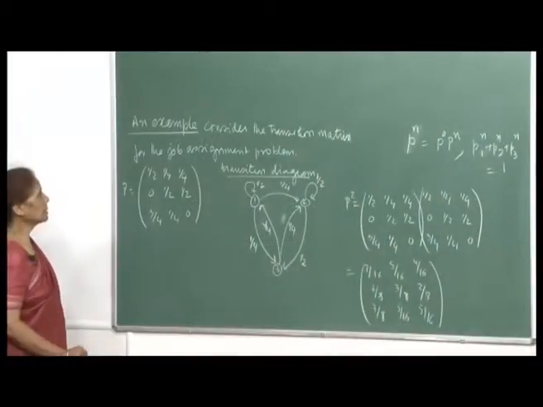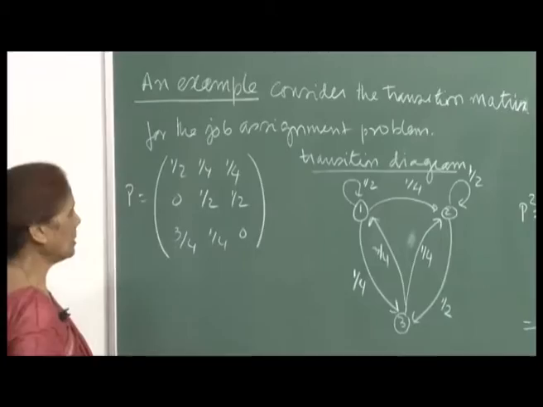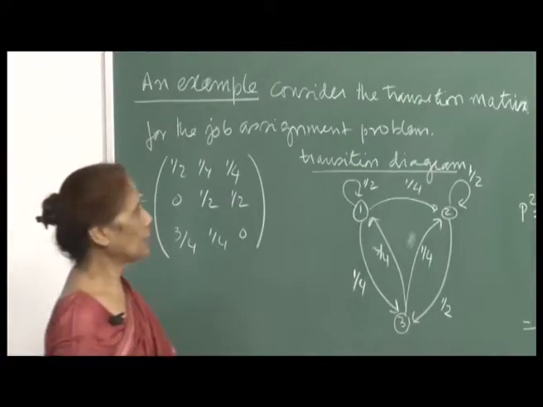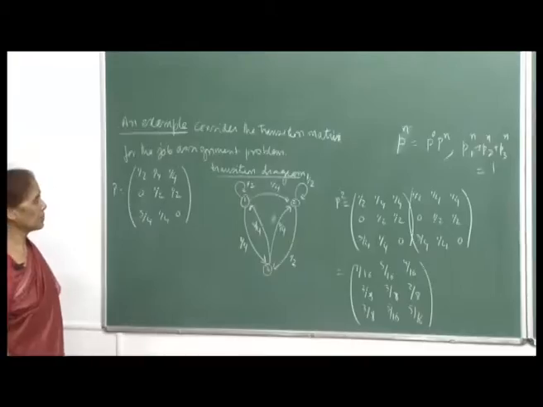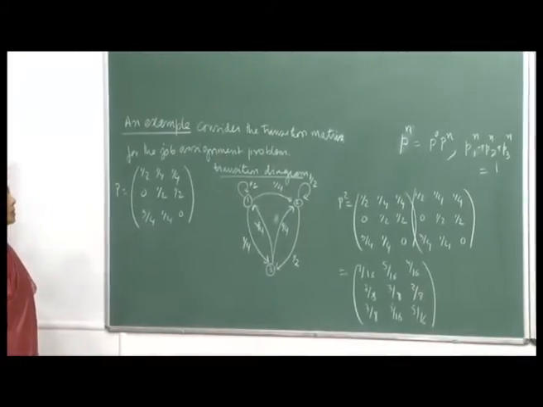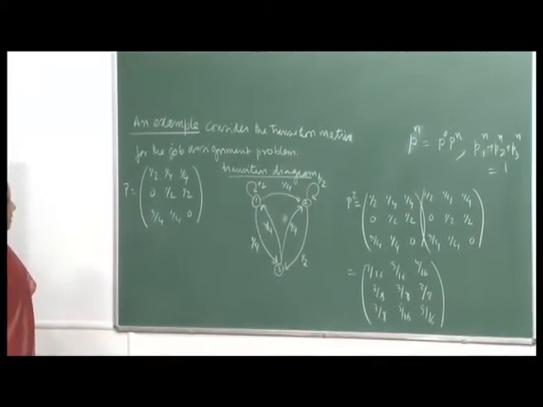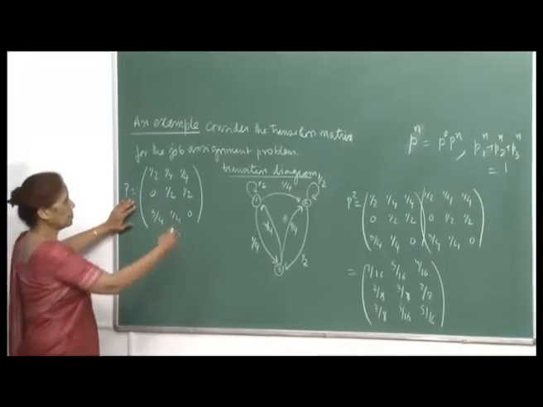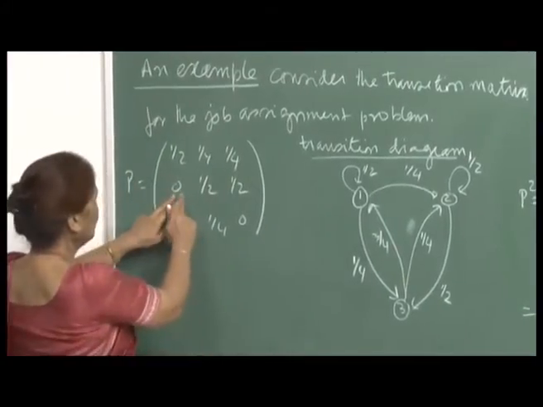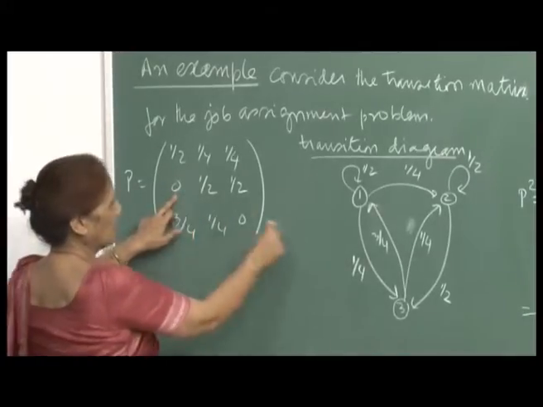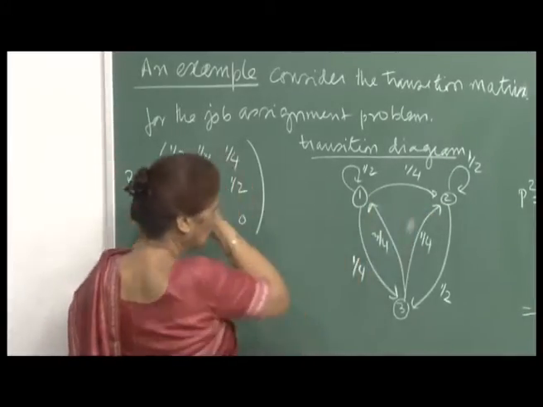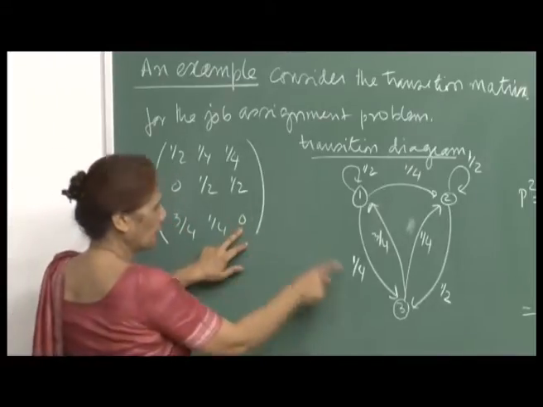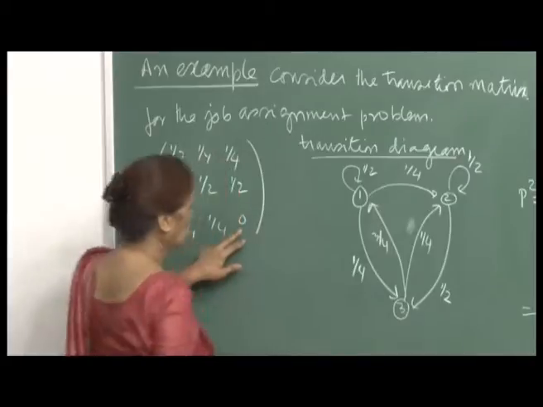So, let us consider an example, the same example now with numbers, and we will go through all the concepts that we have talked about, the transition probabilities, the higher order transition probabilities and the state probabilities. Suppose the transition matrix is given as this. Then the corresponding diagram: for example, there is no arc from 2 to 1, so it is missing here, and similarly you do not have a loop from 3 to 3, so it is missing, the probability is 0.